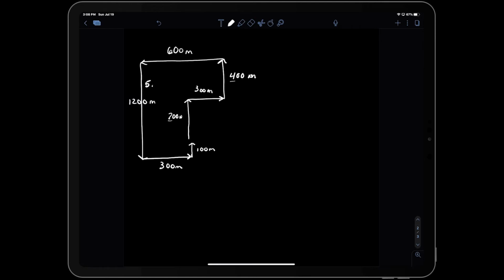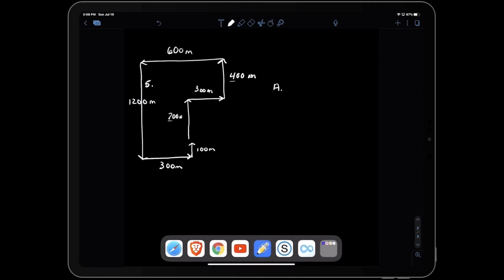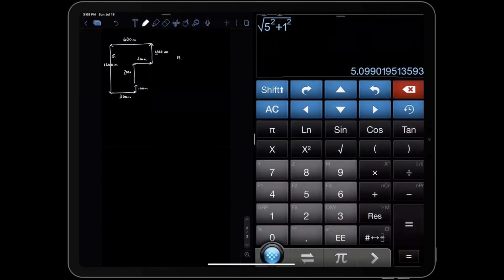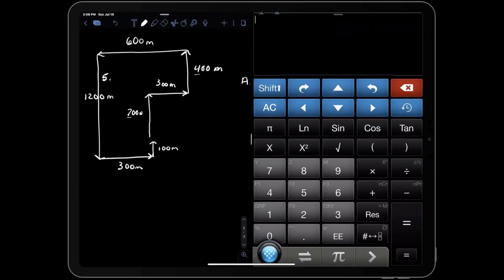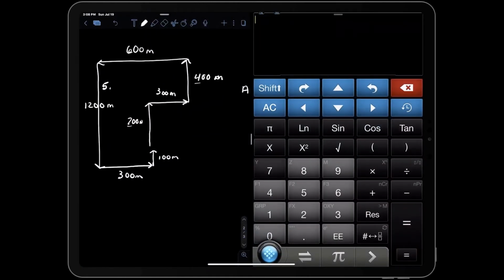All right, so 2 things. We have part 1. What's the total distance that we have traveled? So I'm going to cheat here so that way I don't make any mistakes on this. You have 700 plus 300 plus 400 plus 600 plus 1,200 plus 300 plus 100.